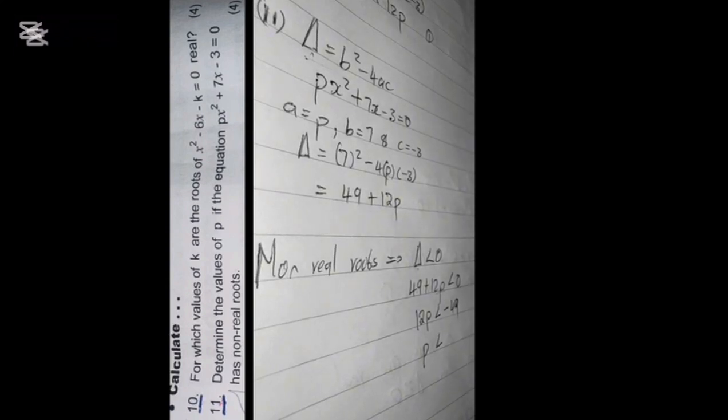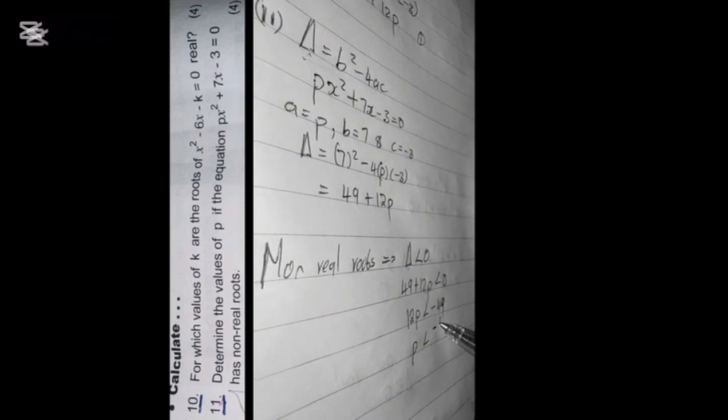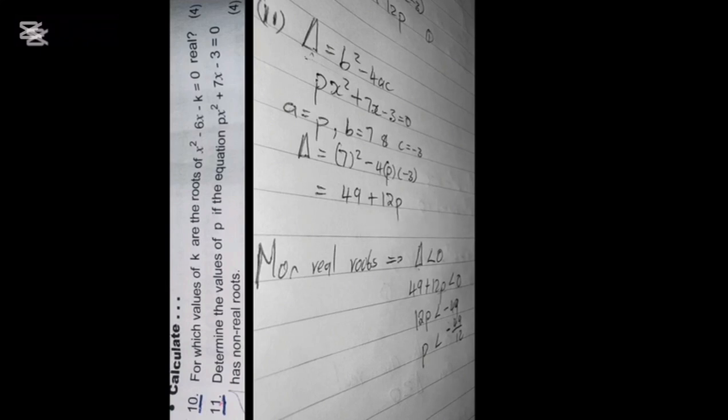Then we are going to have negative 49 divided by 12. So this is our final answer, and it implies that when p is less than negative 49 over 12, the equation px squared plus 7x minus 3 is equal to 0 is going to have non-real roots.